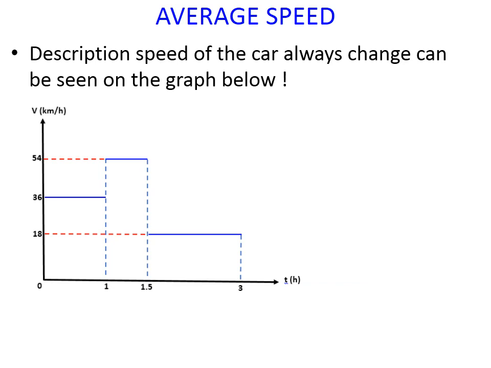And between time interval 1.5 hour and 3 hour, the car moves with constant speed 18 km per hour. This is shown by the blue straight line at the third motion.